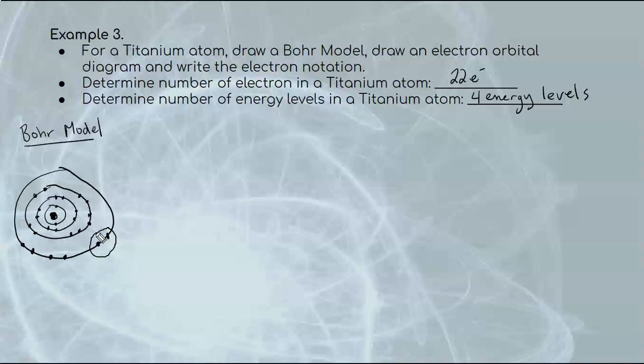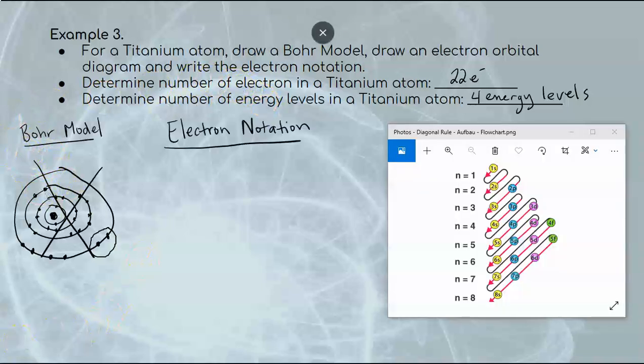It doesn't tell us the whole story. So there's no real correct Bohr model for titanium. This is when electron configuration becomes a better way to analyze the arrangement of the electrons in an atom. So if you haven't already, go ahead and attempt the electron notation and the electron orbital diagram for titanium.